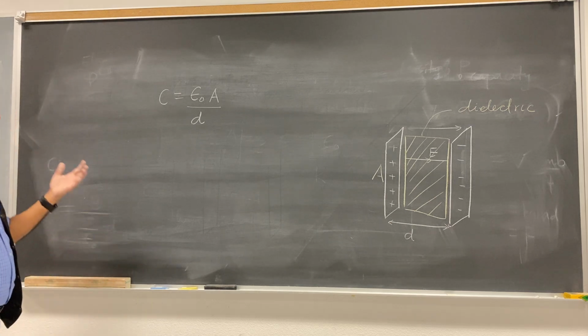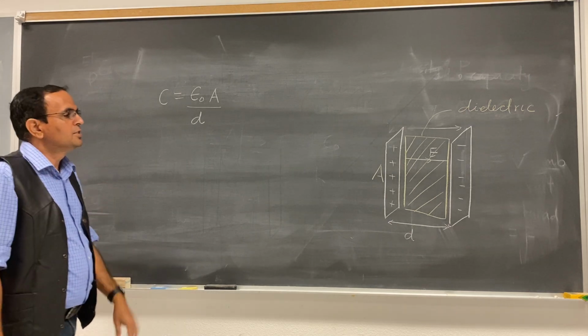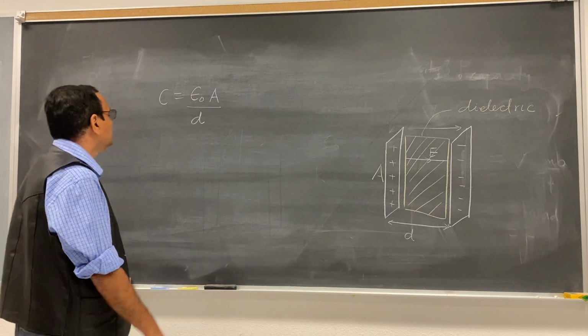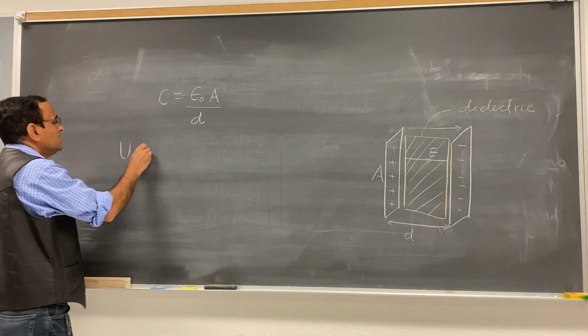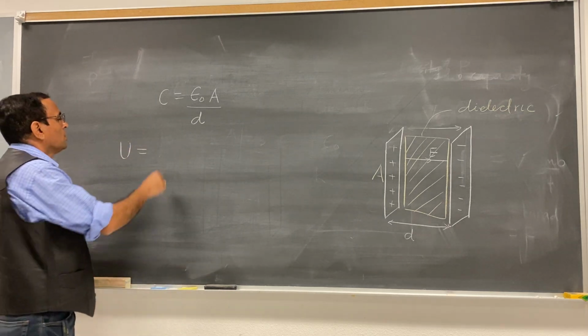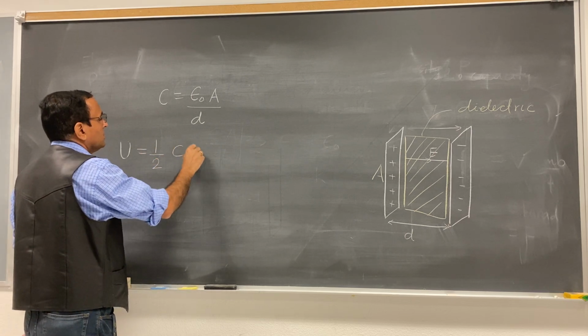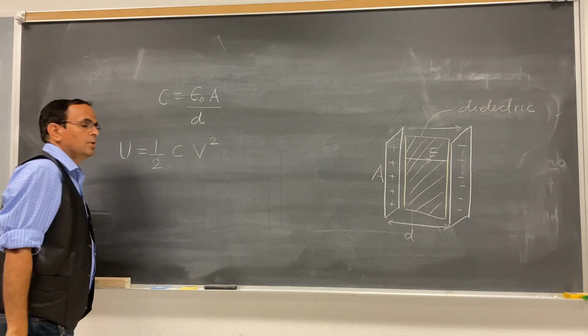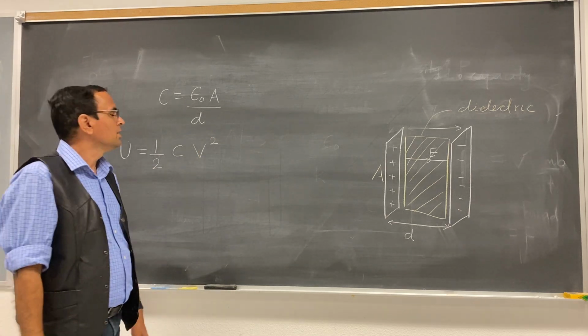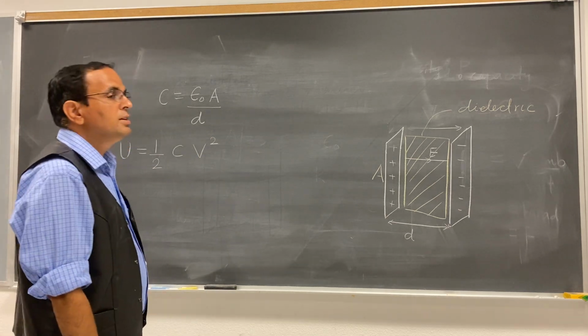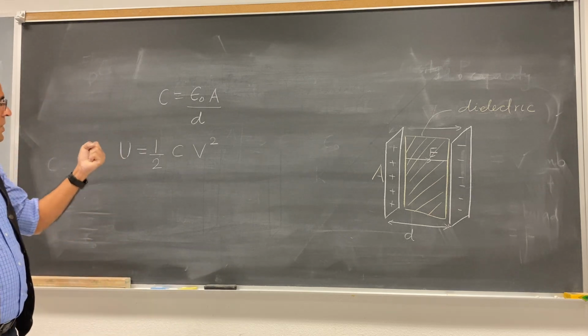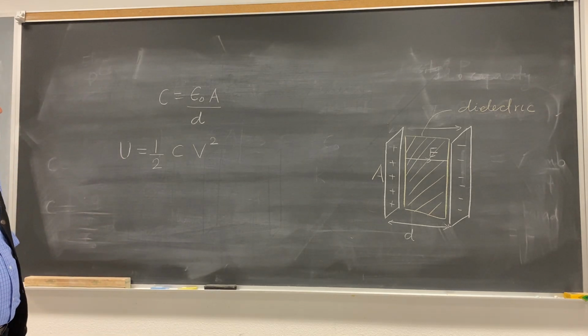Now how do you calculate the energy stored in these capacitors? The energy U, the formula is one half C V squared, right? This is one formula to calculate the energy stored in the capacitors.